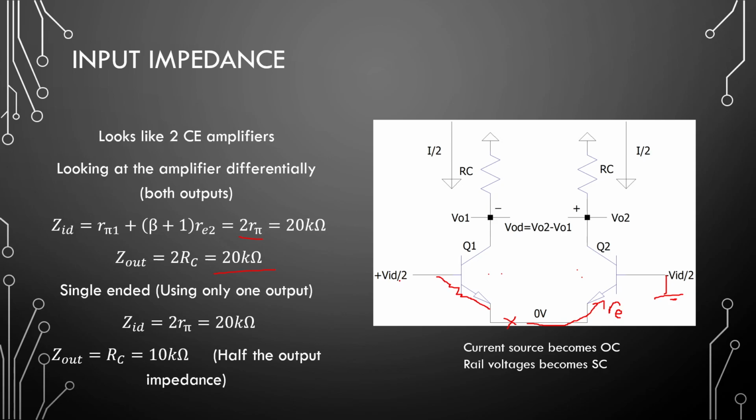If we're just using one input or both, it will remain 20 kilo ohms. Right. The output impedance, however, when looking at this differentially is 2 times RC, and if we are viewing it single-ended is 1 times RC. So it is 20 kilo ohms for fully differential and 10 kilo ohms for single-ended.